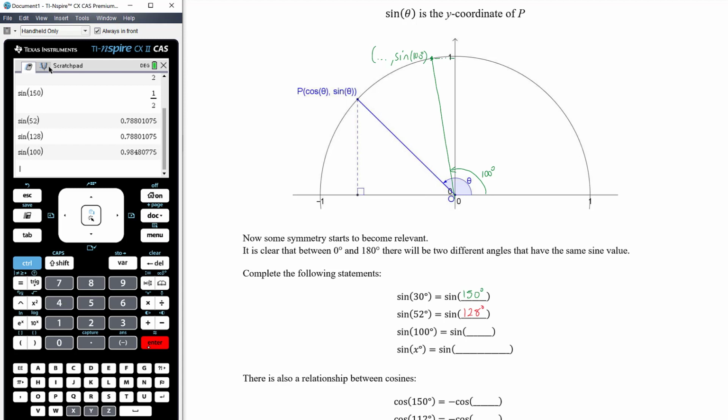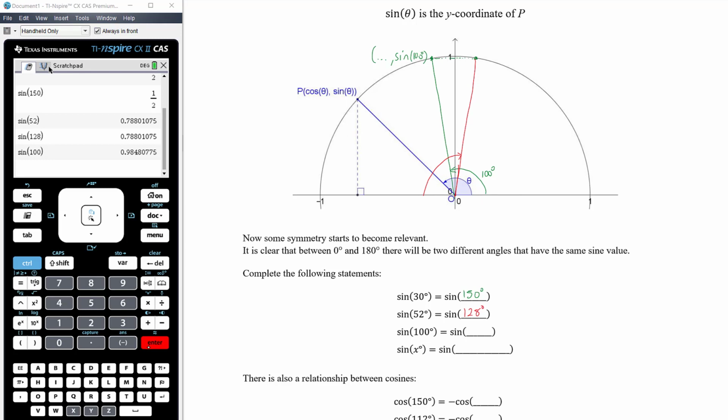Alright, so there's going to be somewhere over in the first quadrant which has the same sine value. Now you can use a few different bits of logic here. You can think about the fact that in order for it to be symmetric, it has to be 100 degrees back from that way.